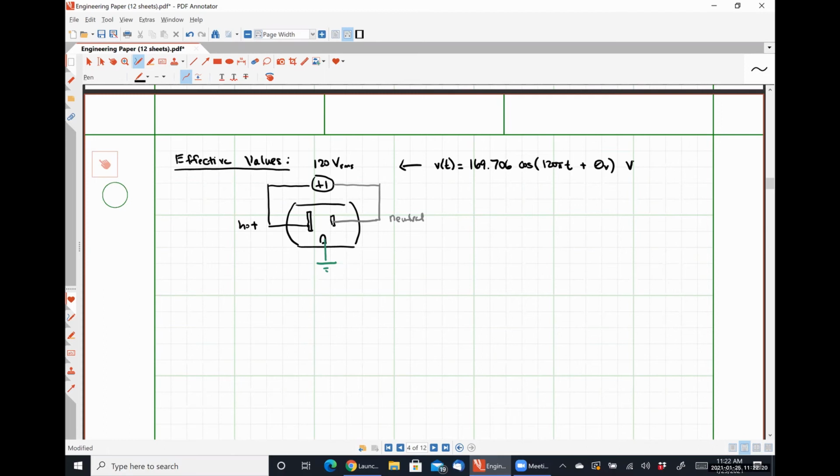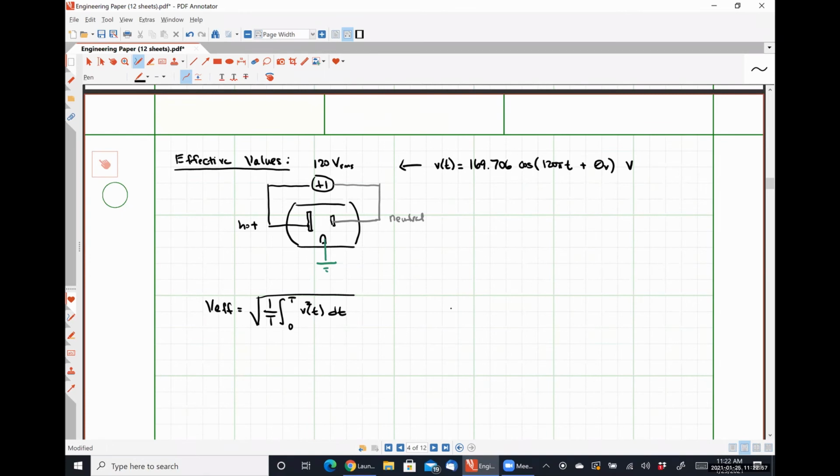So from this definition, we can see that the effective value for a periodic voltage simply becomes the square root of the integral of the square of the voltage waveform, divided by the period.